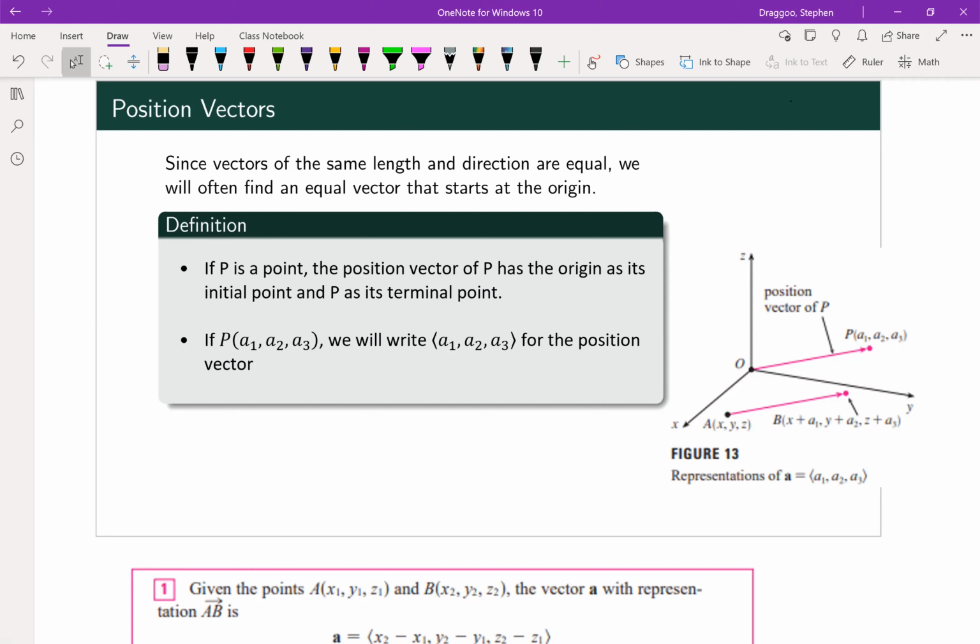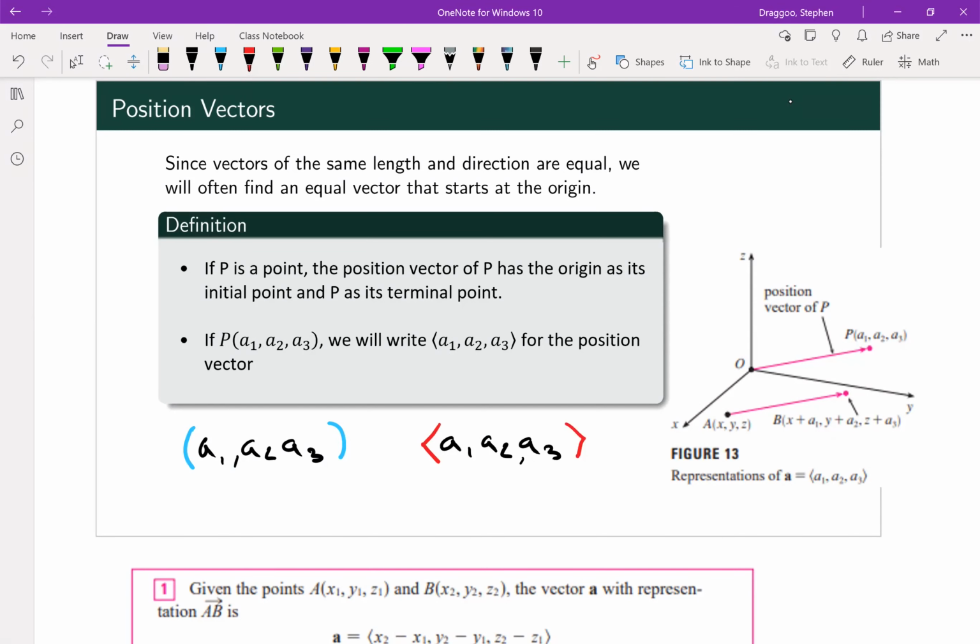So for emphasis, if we have a1, a2, a3 with parentheses versus a1, a2, a3 with pointy brackets.